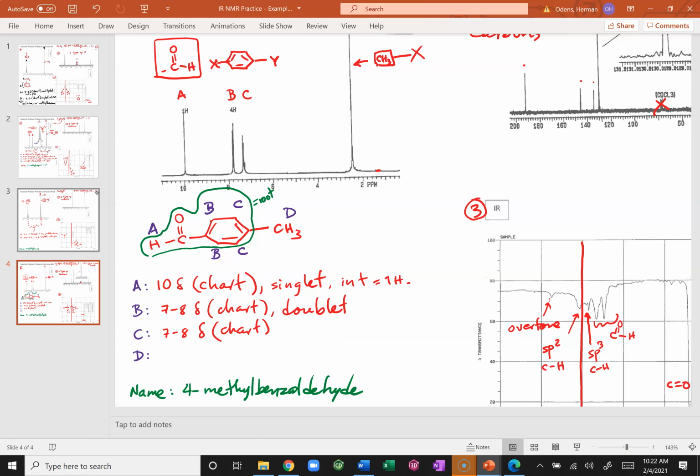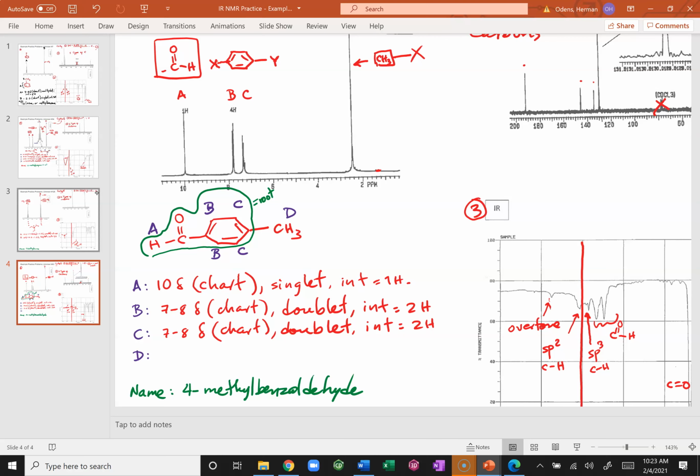Multiplet? Yes, if it's mono-substituted. But since this is split and separated, you can see the two doublets. This integrates for 2 hydrogens, and this one integrates for 2 hydrogens.